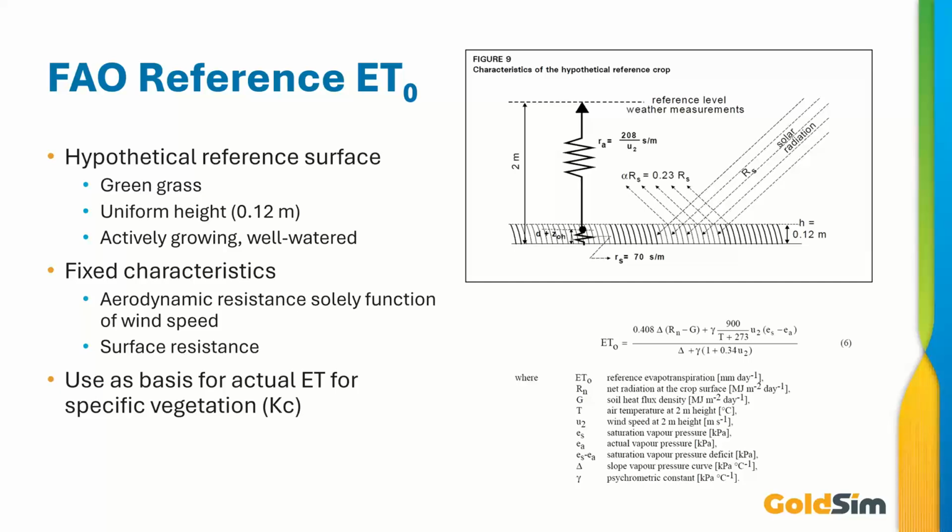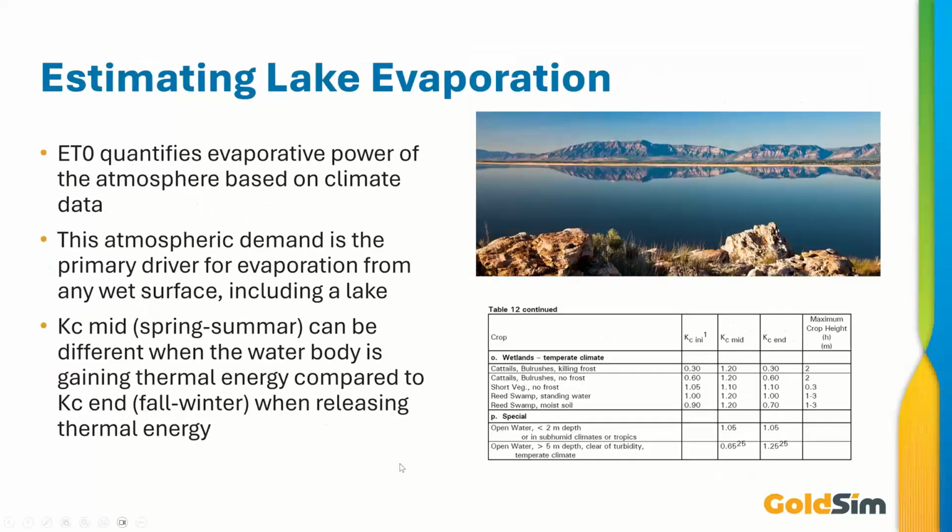We can go further into that, but this is not really the purpose of this presentation. This would be for down the road, but essentially we would go from reference evapotranspiration to evapotranspiration of your site by applying this KC factor, crop coefficient.